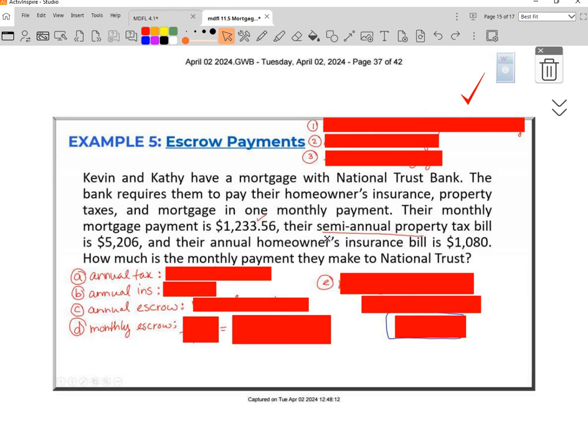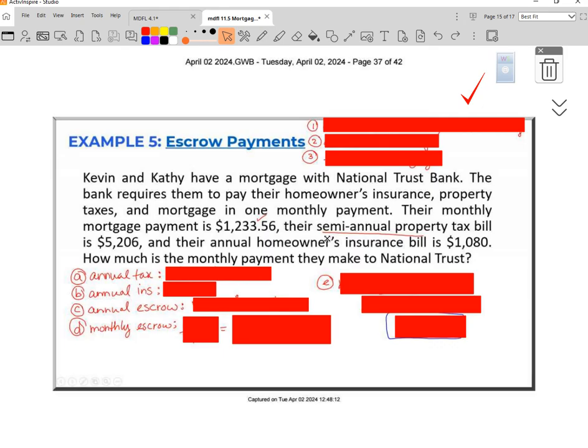Their monthly mortgage payment is $1,233.56. Their semi-annual property tax bill is $5,206. So how many times do they pay $5,206 in 1 year? 2 times, that's right. If you can't remember, semi truck is half of a big truck, semicircle, the half circle.